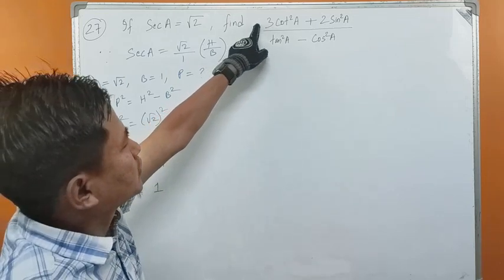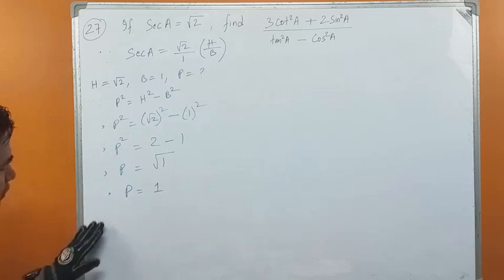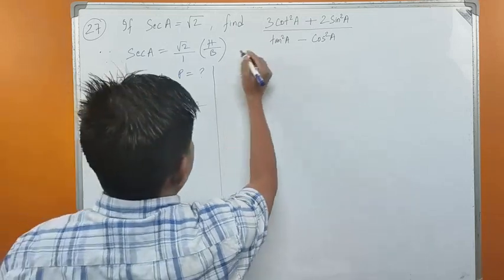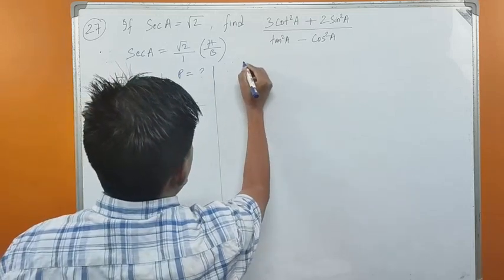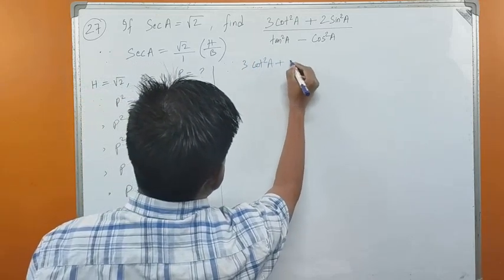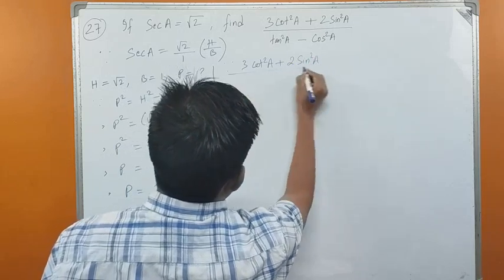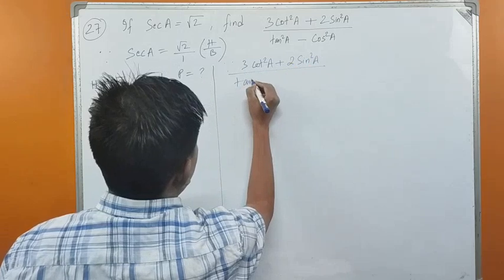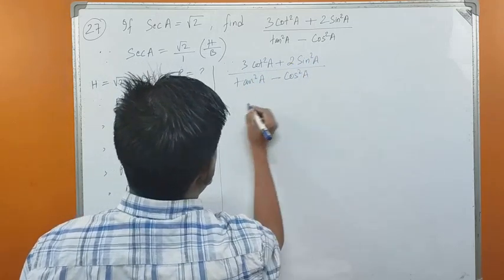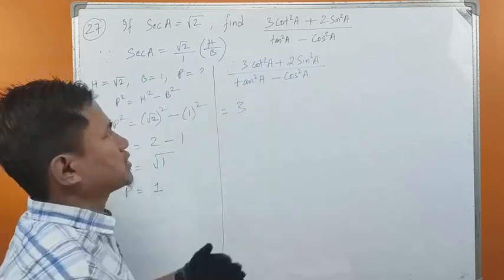Now let us find the value of this expression: 3 cot square A plus 2 sine square A, whole upon tan square A minus cos square A. This will give us 3 times cot theta, which means base upon perpendicular.